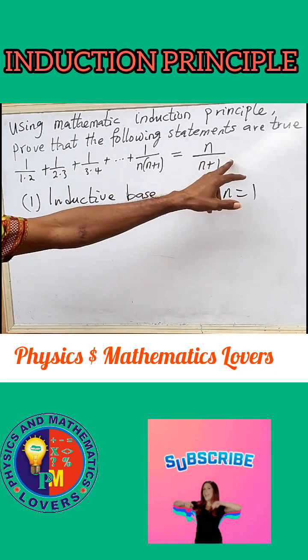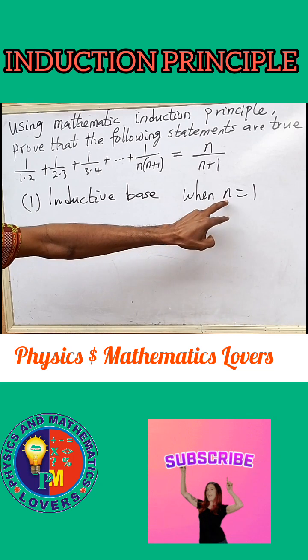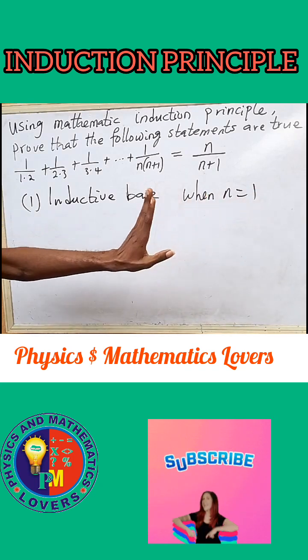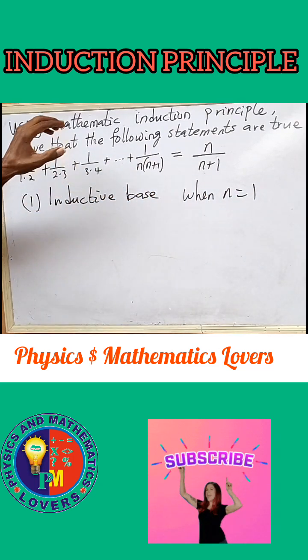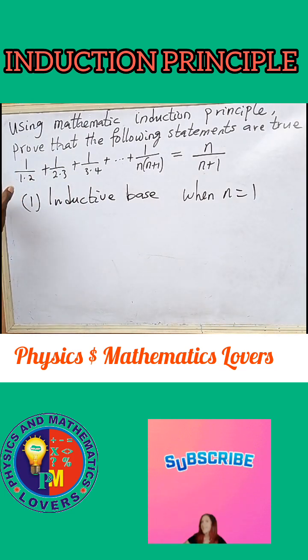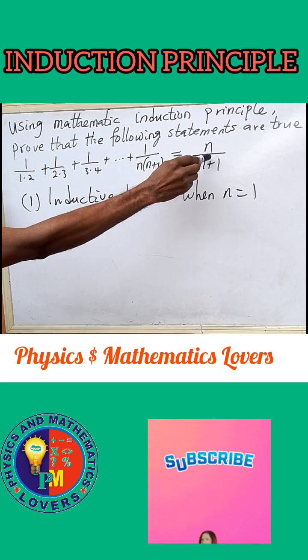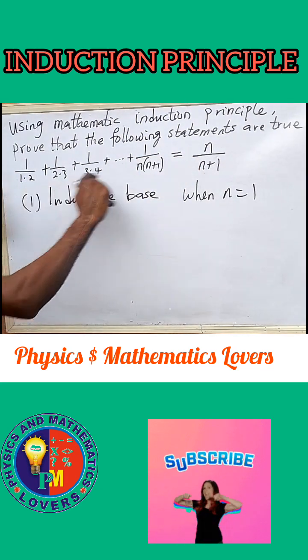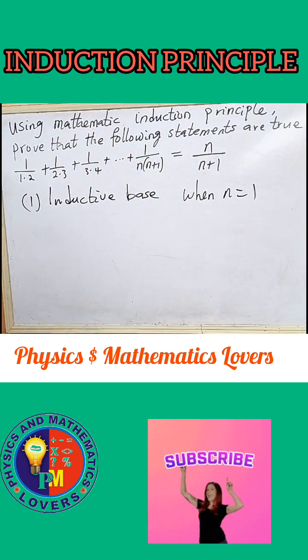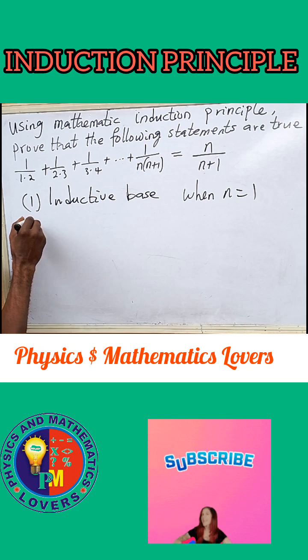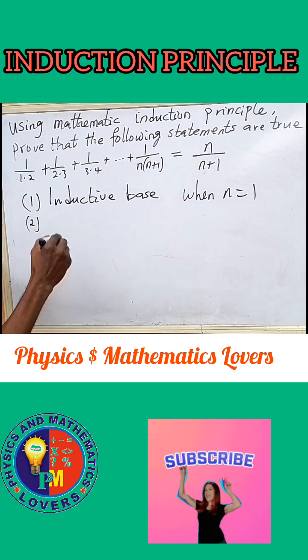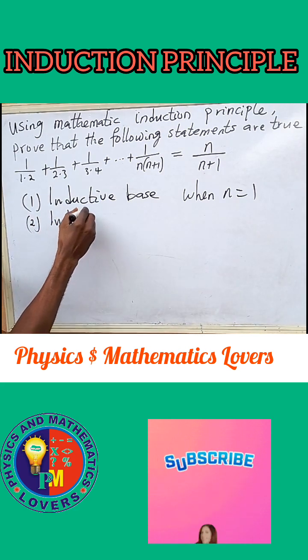So if I place 1 in place of n, wherever I see n I put my 1. If it obeys the statement, it then means that the statement holds.